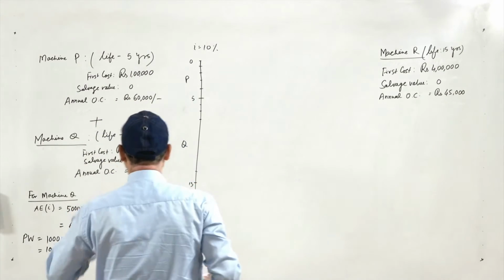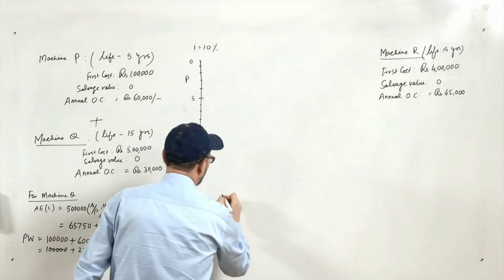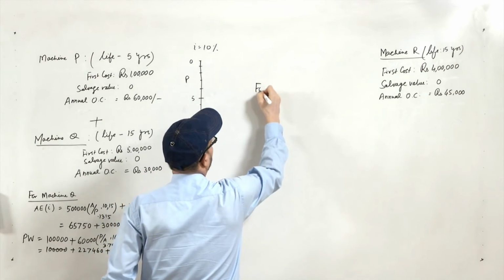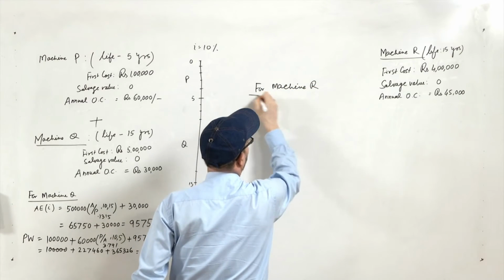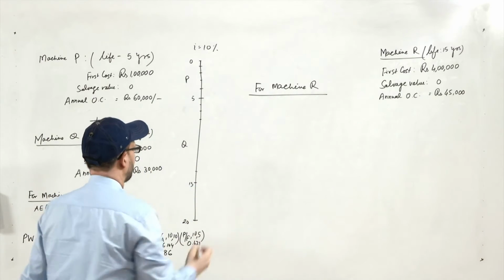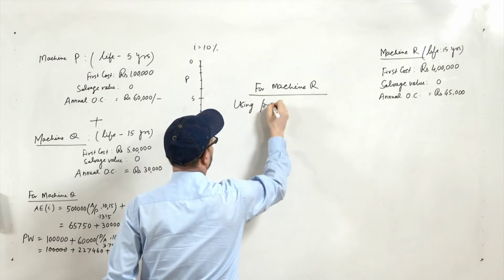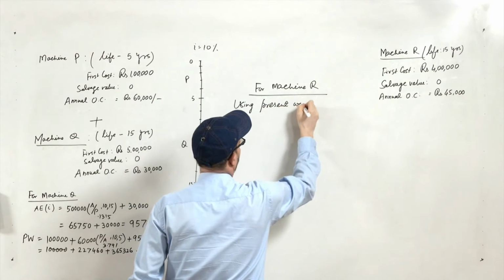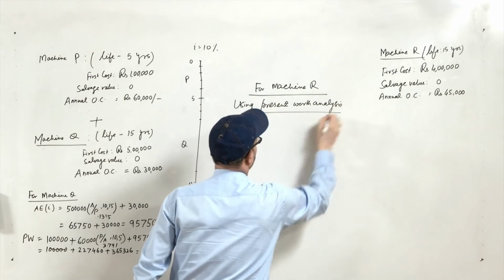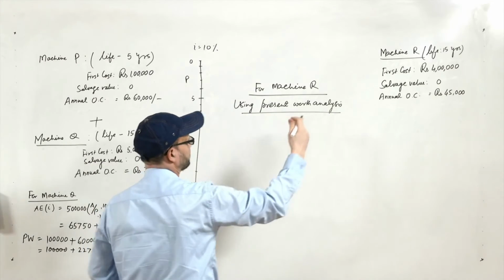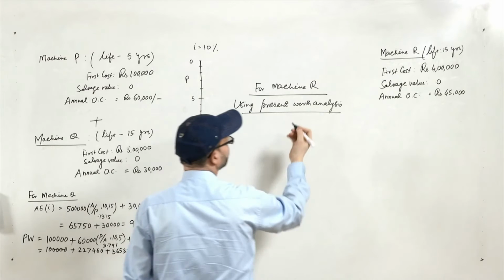Now, let us see if we go for machine R, using present worth analysis. For machine R, since the life is 15 years, we can directly get the present worth value.